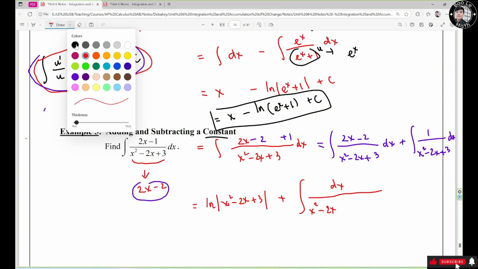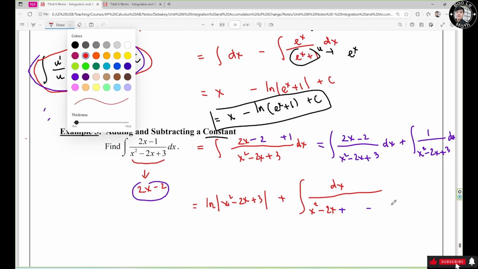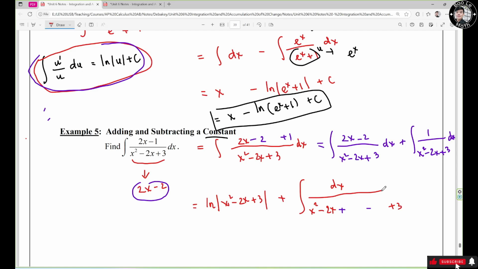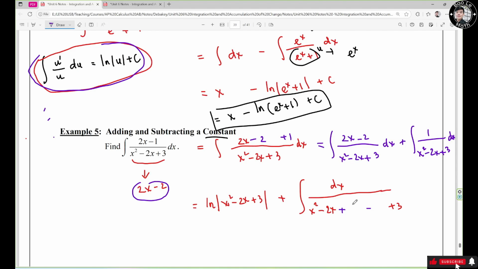I need to add and subtract the same amounts right here, so that I'm going to do completing the square, and I need to rewrite plus 3 right here. Now to find the missing term right here, I need to take the middle term, 2, divided by 2 and squared. 2 divided by 2 squared is going to be 1, so I have 1 squared right here and 1 squared.